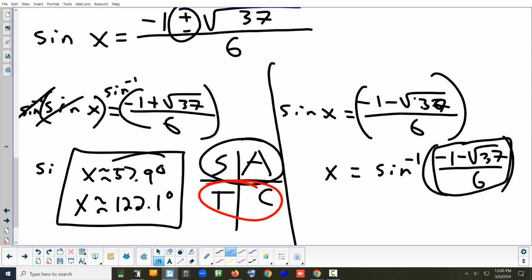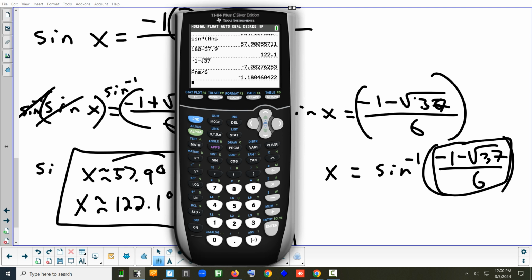Yeah, you would expect the answers down here. But look at this number, negative 1.18. How low does the sine function normally go? -1. That's below negative 1. So, no solution.